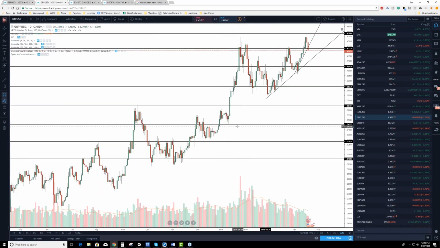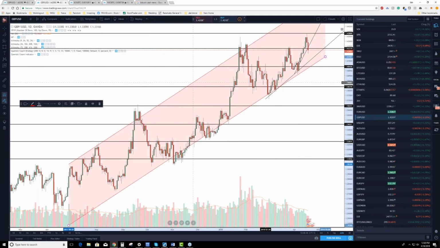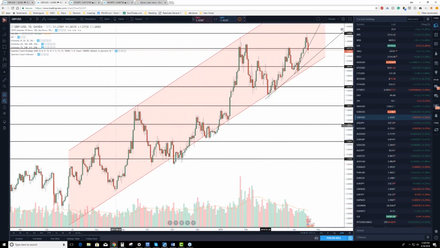So we basically have a channel. After a couple of times I can probably assume that this will hold structure. And so if I'm swing trading, I can really easily identify where I'm going to enter and where I'm going to exit or reverse position.